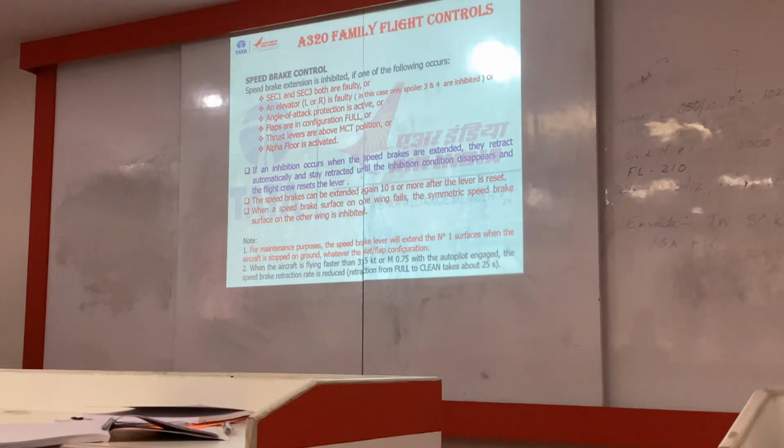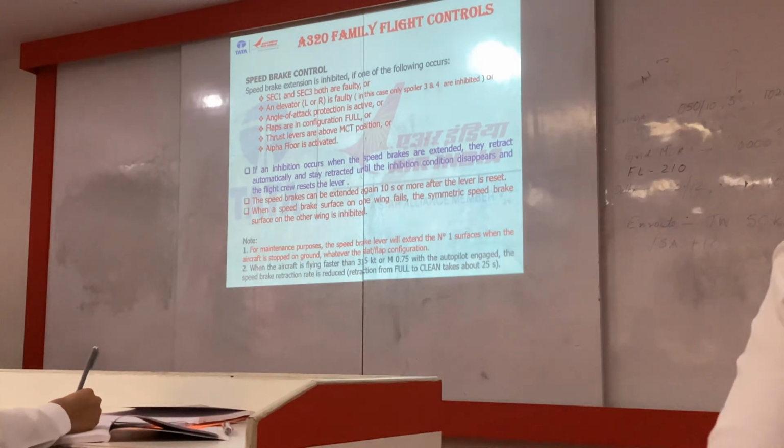So basically, in that condition, we don't want more drag, meaning further reduction in the speed. So that's why when the angle of attack protection is active, the system is configured in such a way it will not be inhibited basically.